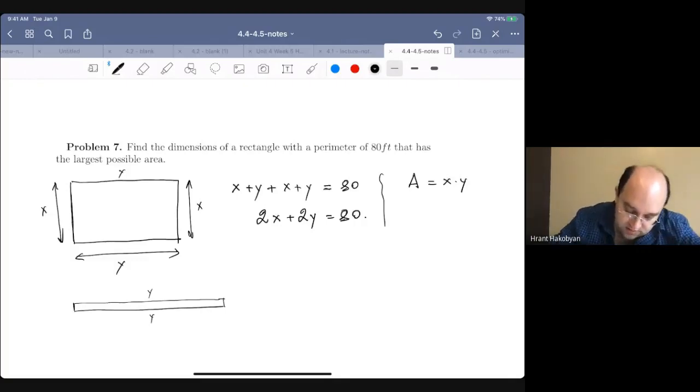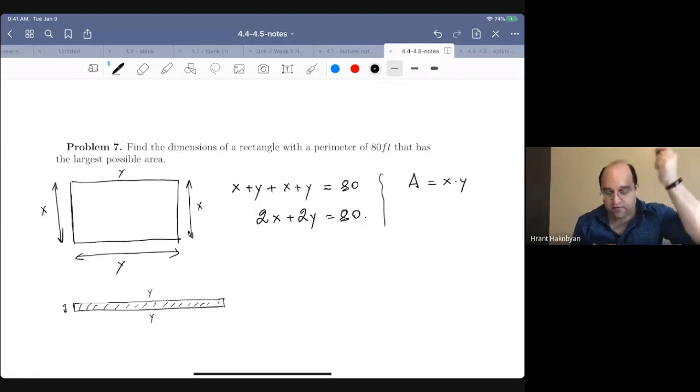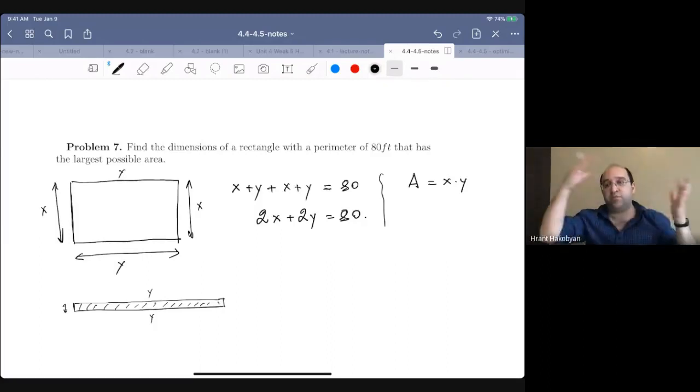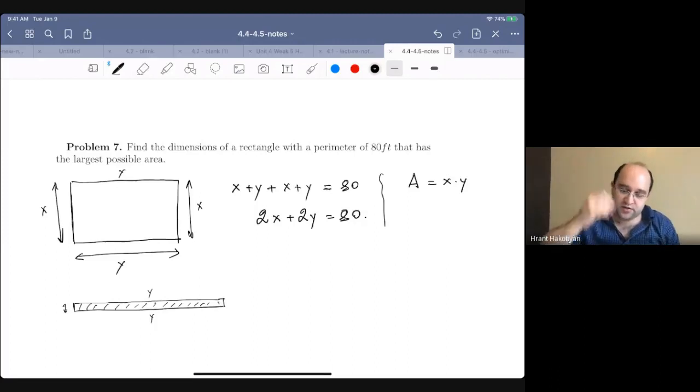So if this is a tiny bit and this is very close to 40, then the area inside is going to be very small, almost zero. Similarly, if y is small and x is large, you have a very small area. So somewhere in between, you have the largest possible area. So we want to find that.